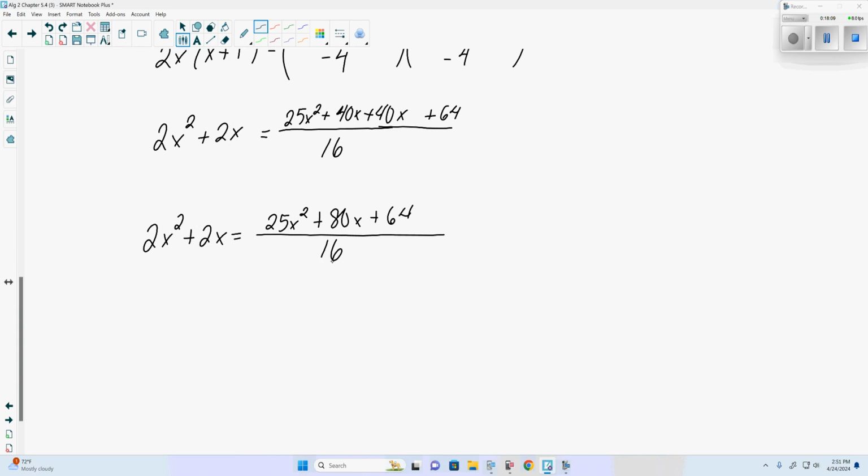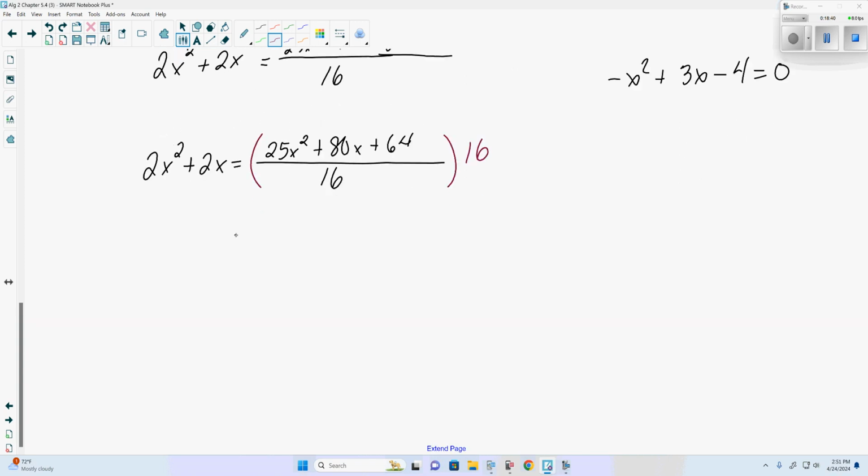Now, we've done this with when we had, say, -x squared plus 3x minus 4, yes? With factoring, it's nice to have that x squared be positive, yes? So we'd multiply it by -1, yes? To get it to look nicer. Because if I multiply the right side by 16, what happens to that fraction? It is now gone, yes?